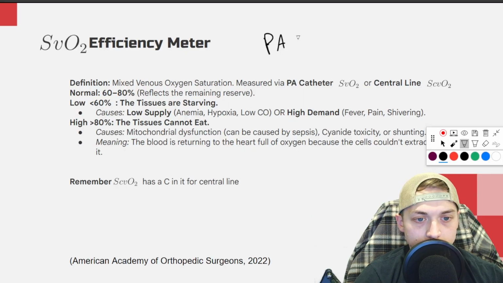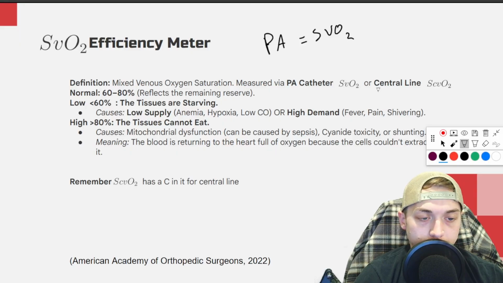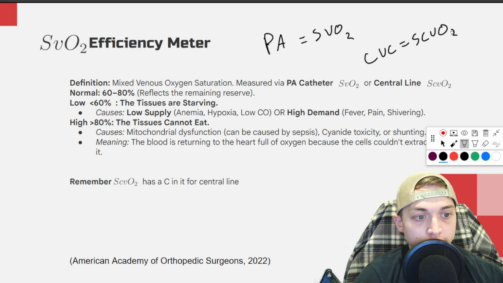So PA is SvO2. Or you can measure it through a central line, like your CVP and your RAP. But if you measure the mixed venous oxygen saturation through a central line, that is called the ScvO2. Remember, there's a C in here for central line.